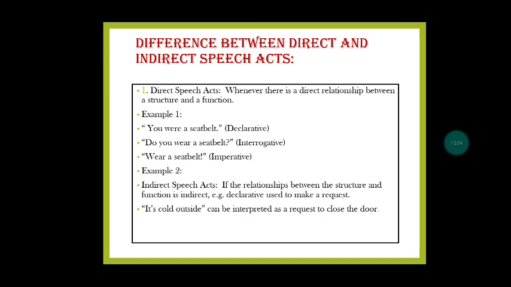The structural form is declarative. "Do you wear a seatbelt?" The structure is interrogative. "Wear a seatbelt" is imperative.